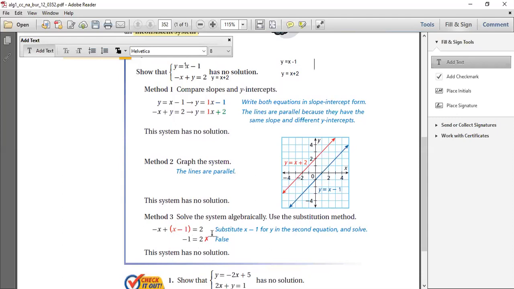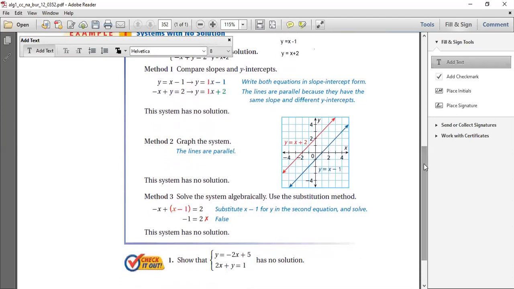So minus 1 is equal to 2. Of course not. Minus 1 is never equal to 2. So again, that system has no solution. So it's up to you. You can choose any one of these three methods. What I feel is that either method 2 or method 1 is easier, and method 1 is way too easy for us to find out, unless they specify.